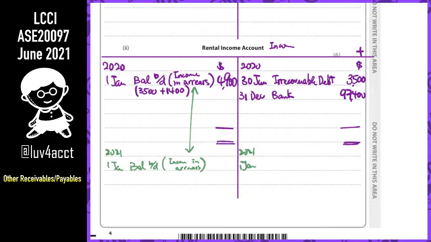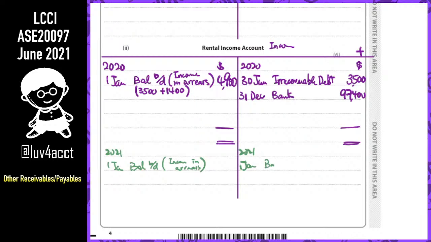But of course if you make the wrong decision in the first place, you will get everything wrong. You will not be awarded any marks if you have reversed everything of your account. So make sure you decide it correctly in the first place.